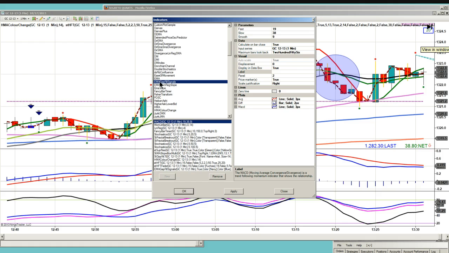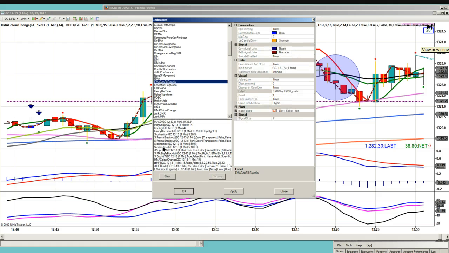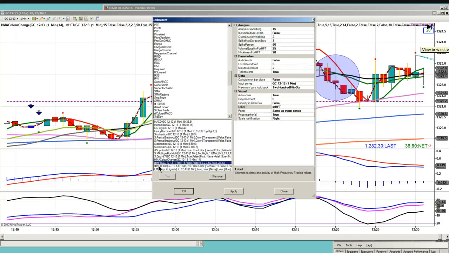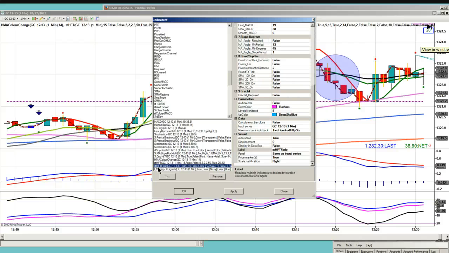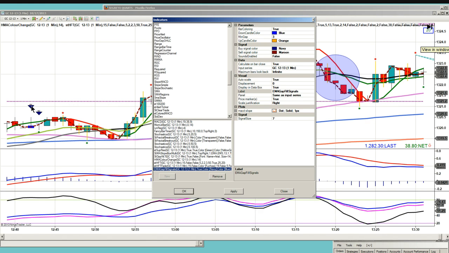So over here is your EMA gap fill signal. That is the one that gives you the blue candle with the arrow. And then there's also another great one, down here, the STHFT and the STHFT fade. The STHFT fade is the one that gives you the triangle. So EMA gap fill signal is the one that gives you the blue candle with the EX.